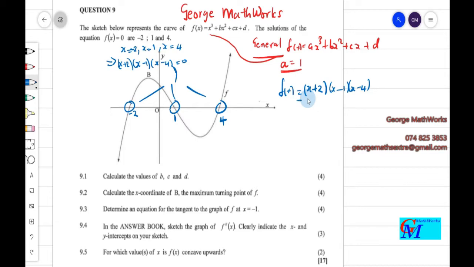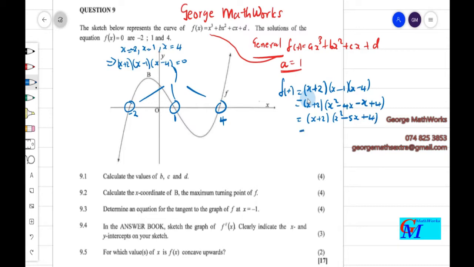So expanding this, we keep x plus 2 as it is at this point. Then here, x times x is x squared, minus 4x, minus x, then plus 4. Now this will come down to x plus 2, then x squared minus 5x plus 4.